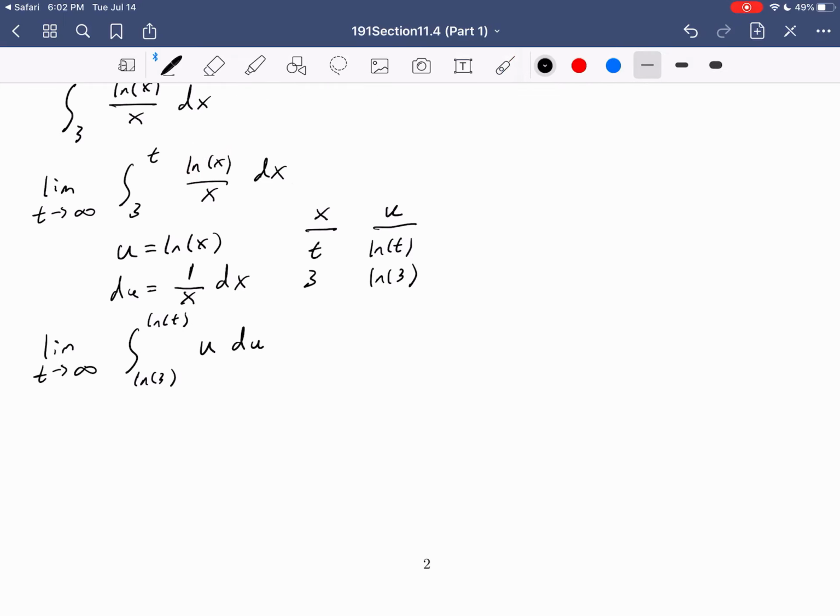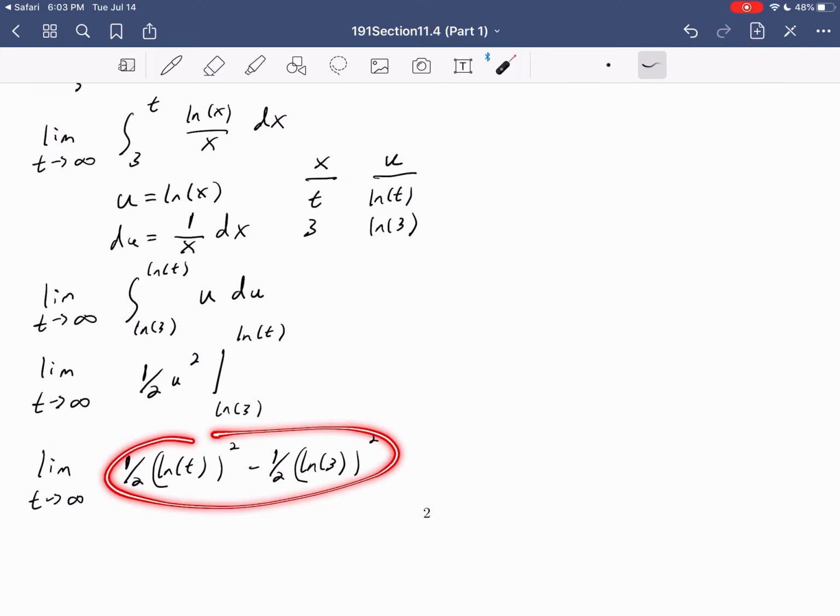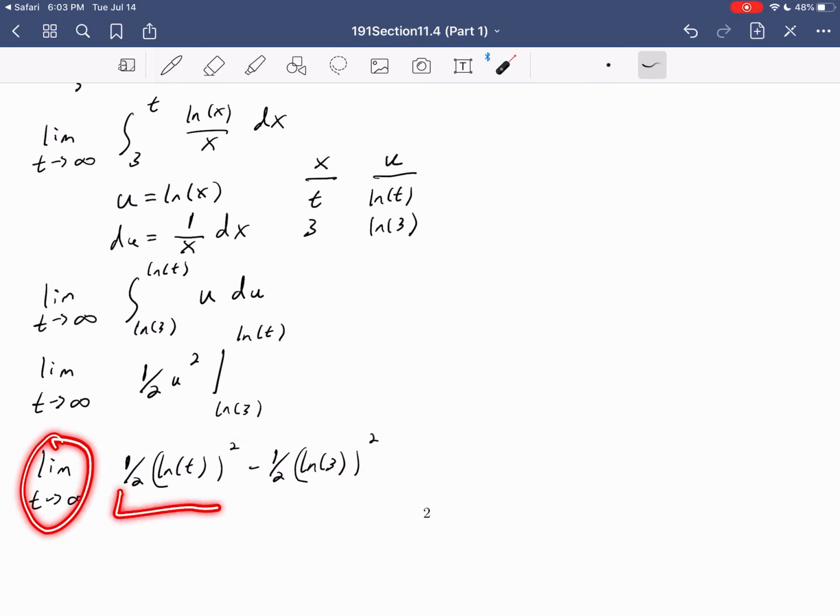Then we could integrate that very simply using the power rule, and we get 1/2 u squared evaluated from ln of 3 to ln of t. Then we could plug that in, and we'd get 1/2 ln of t squared minus 1/2 ln of 3 squared. So we finished our definite integral. Now we just need to evaluate the limit. Obviously, this limit is only going to apply to this first term.